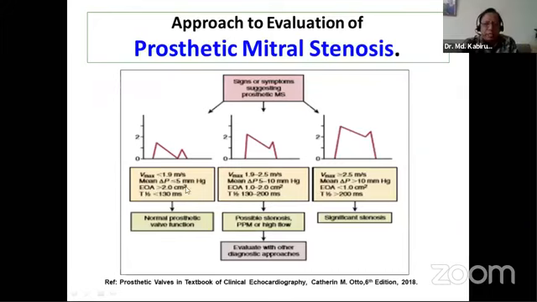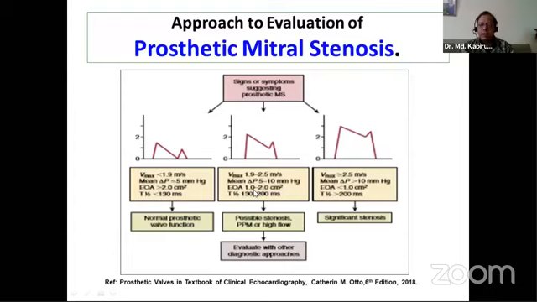Okay, sir. I have shown it in the previous slide: these are the normal parameters and these are the severe parameters. In between, a high gradient may make you think about patient prosthesis mismatch or a high flow gradient. For the mitral valve, that should be differentiated by the pressure half time.